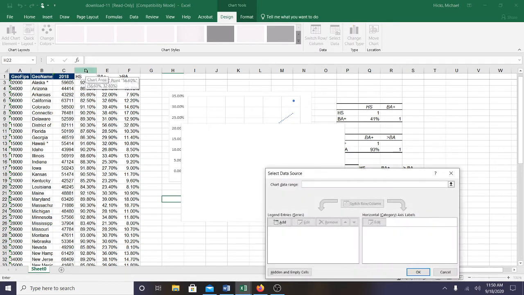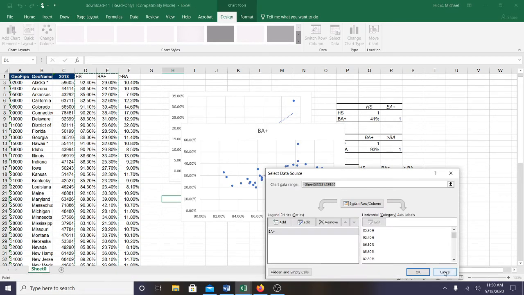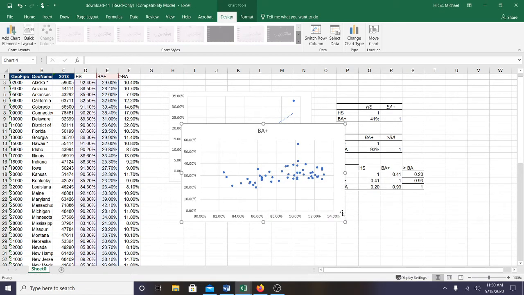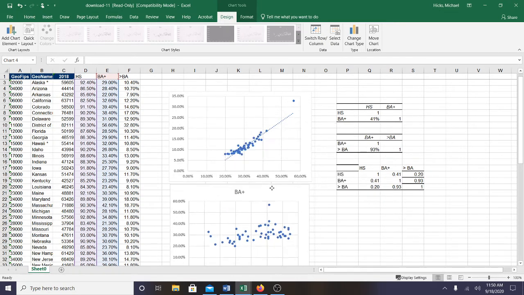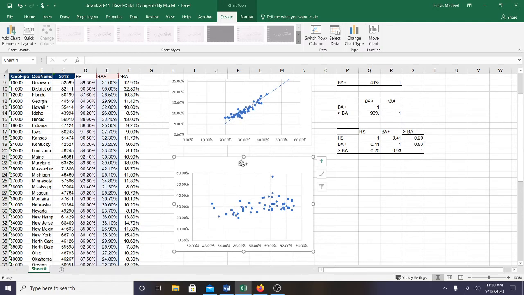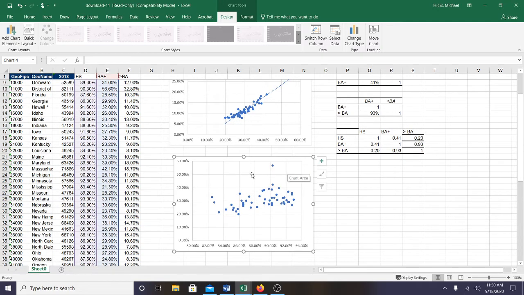Select data, right? And we'll just take a look at that compared to this, the correlation of the BA.